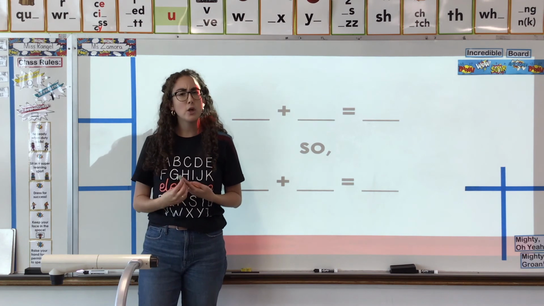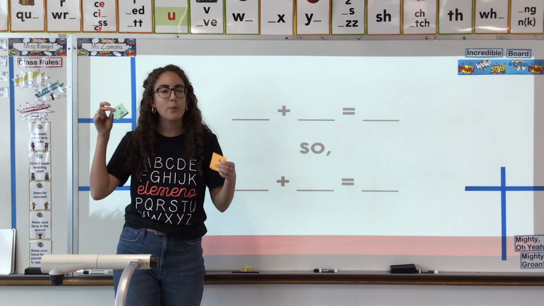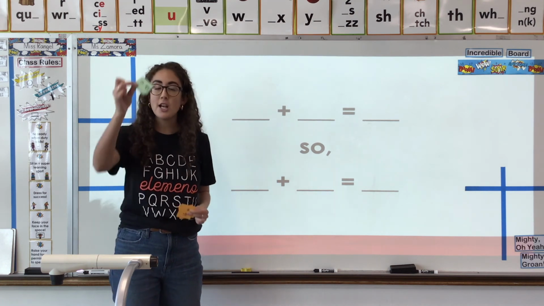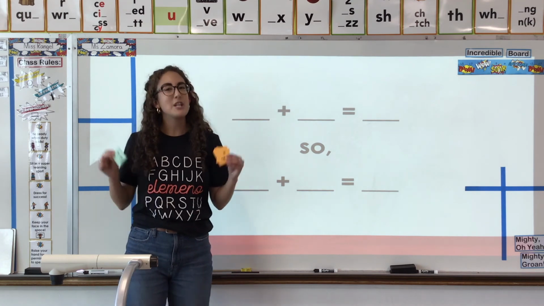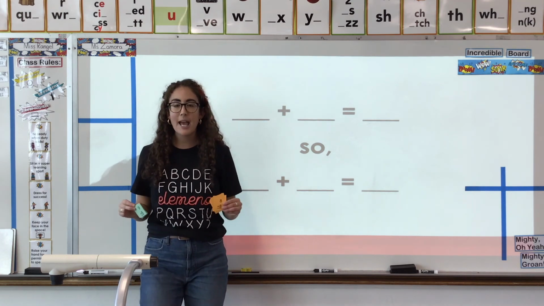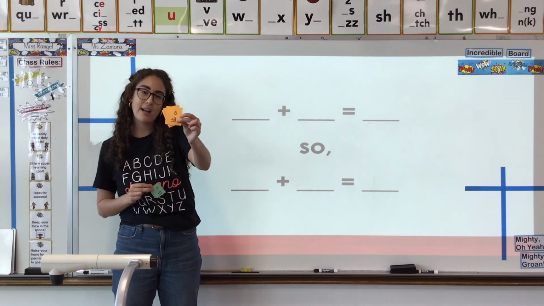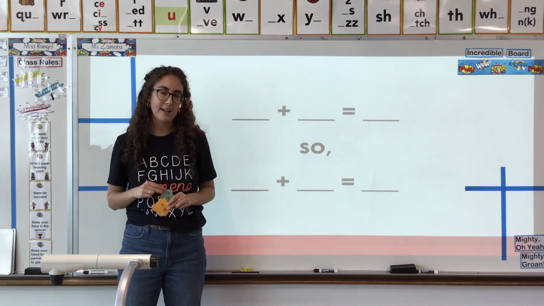If you feel like you really know your neighbor facts already and you don't need to practice that doubles plus 1 strategy, that's okay. Just go ahead and practice with your green flashcards. But I do suggest that for this first day, we practice using our doubles cards, our orange flashcards, to help us solve our green flashcards, our neighbor facts.